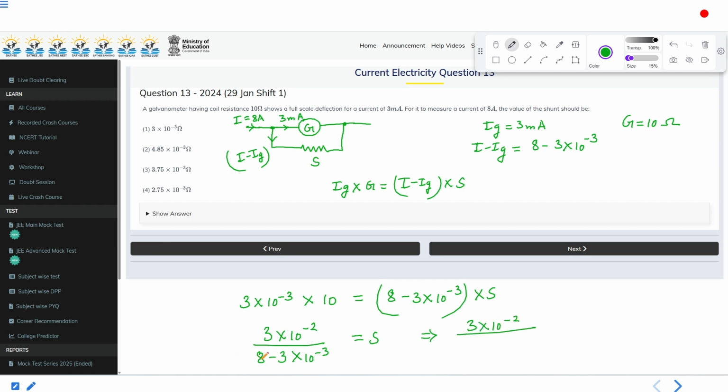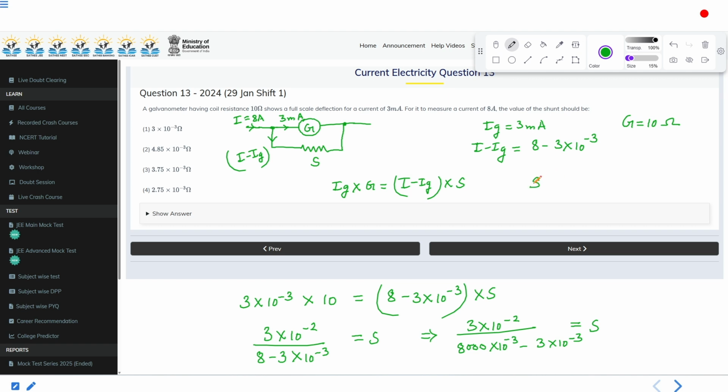So 8, I will write 8,000 into 10 to the power minus 3 minus 3 into 10 to the power minus 3. 10 to the power minus 3 will get common and go up there. It will become 10 to the power minus 2 plus 3, so 10 to the power 1.